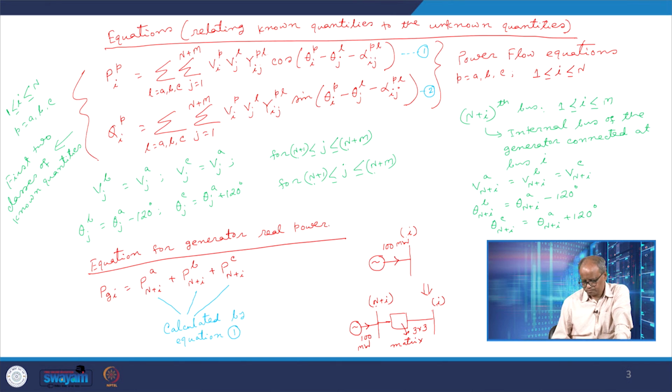From this diagram, because it is an internal bus, the n plus ith bus is directly connected to only bus i. It is not directly connected to any other bus. So in the y bus matrix, there will be no element between the n plus ith bus and any other bus.